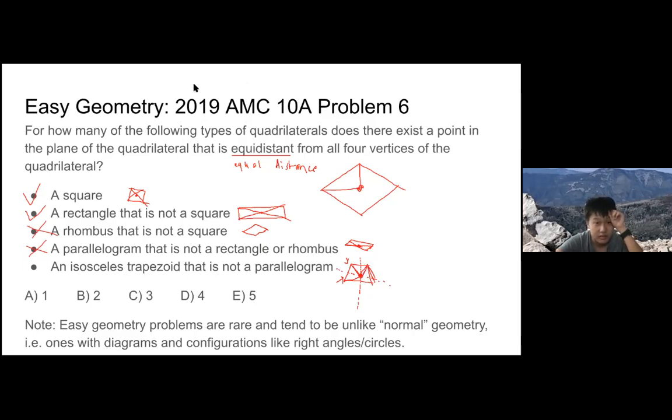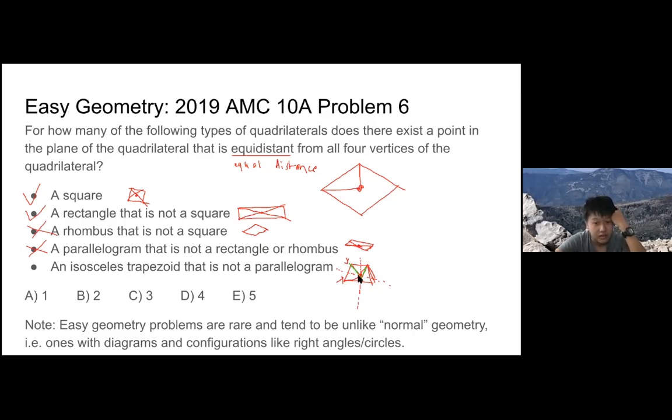Now let me mark them in a different color. These two, they're the same distance because by symmetry, this line of symmetry is the perpendicular bisector of these two vertices, the top two vertices.